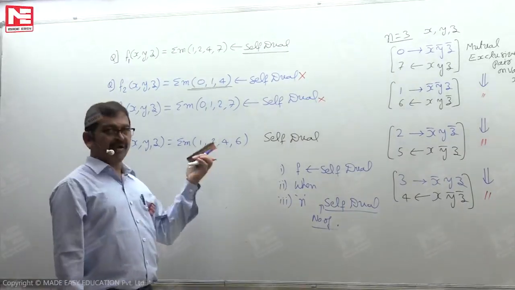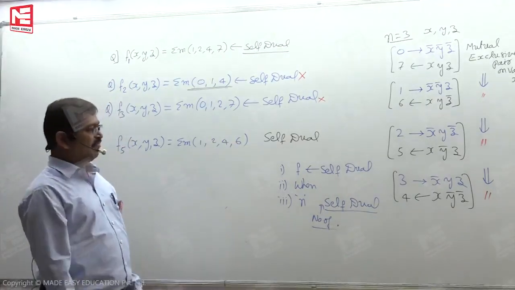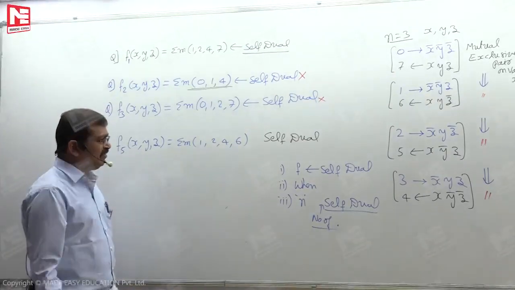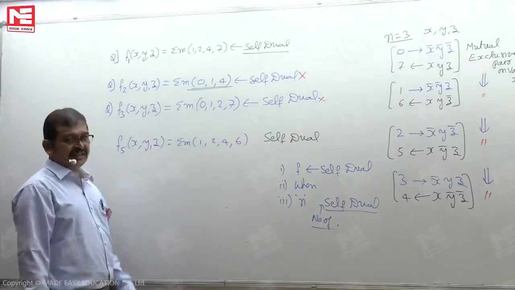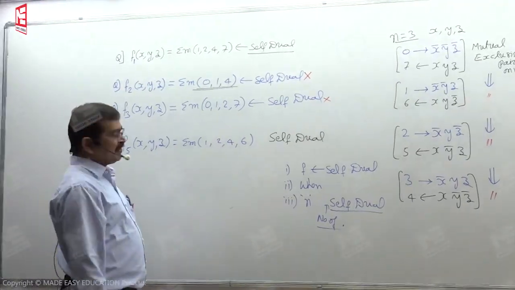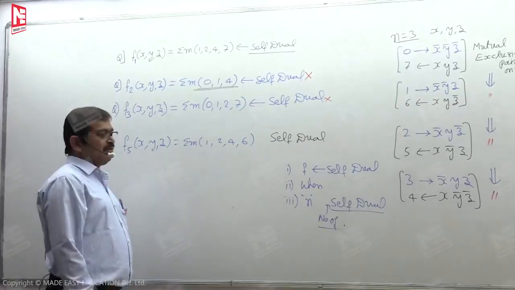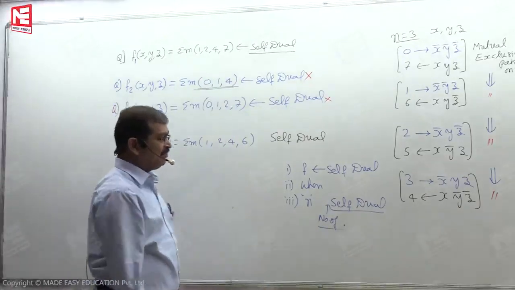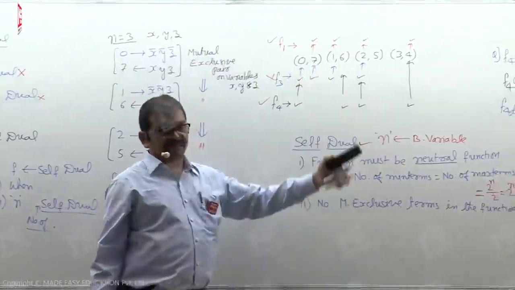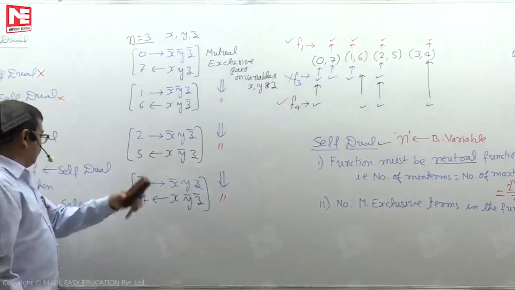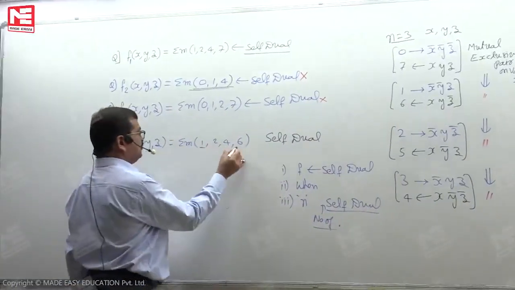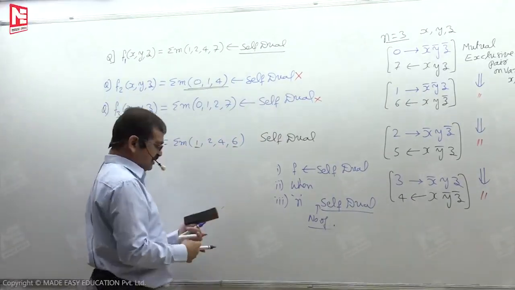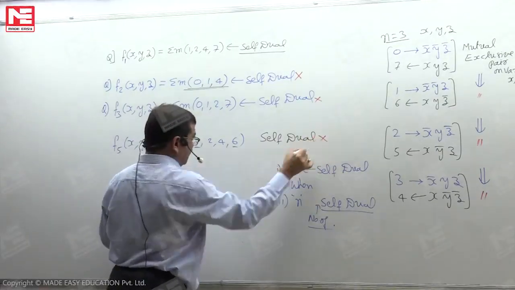The total number of combinations is 8, half of which is 4. So the first condition is satisfied, and then we check the second condition: no mutual exclusive pair should be present. You can see here that 1 and 6 is a pair, since 1 plus 6 is 7. So a mutual exclusive pair is present. Hence, the function f5 is not a self-real function.